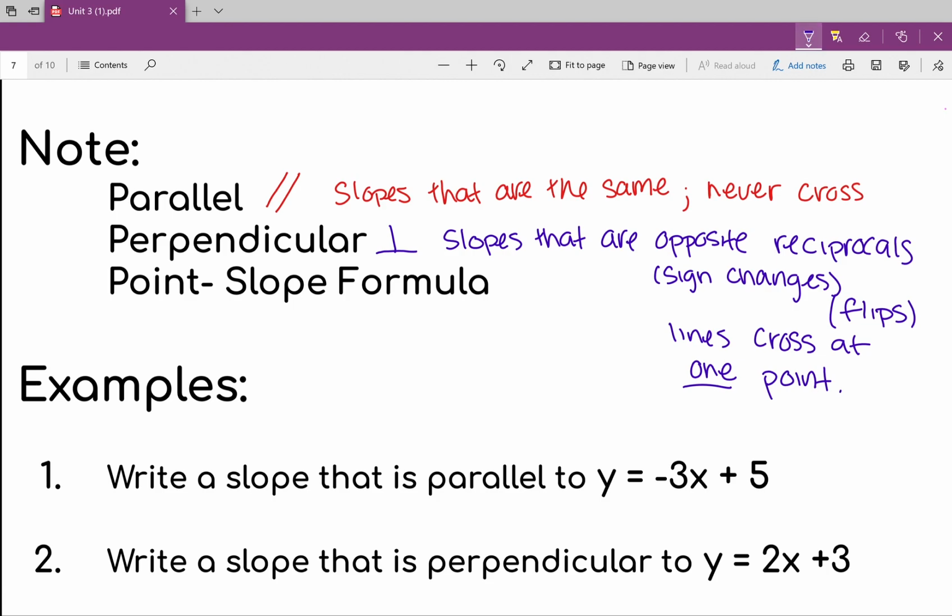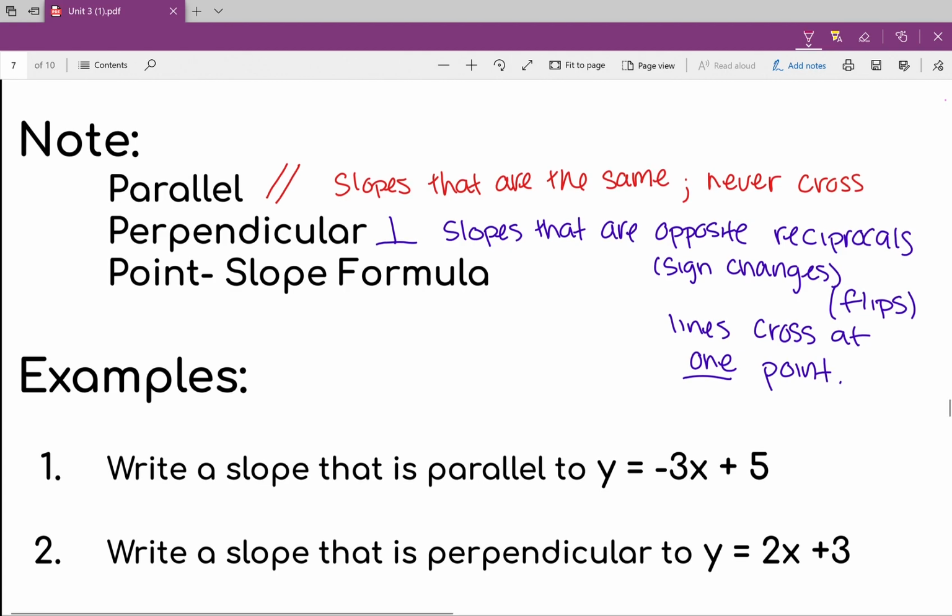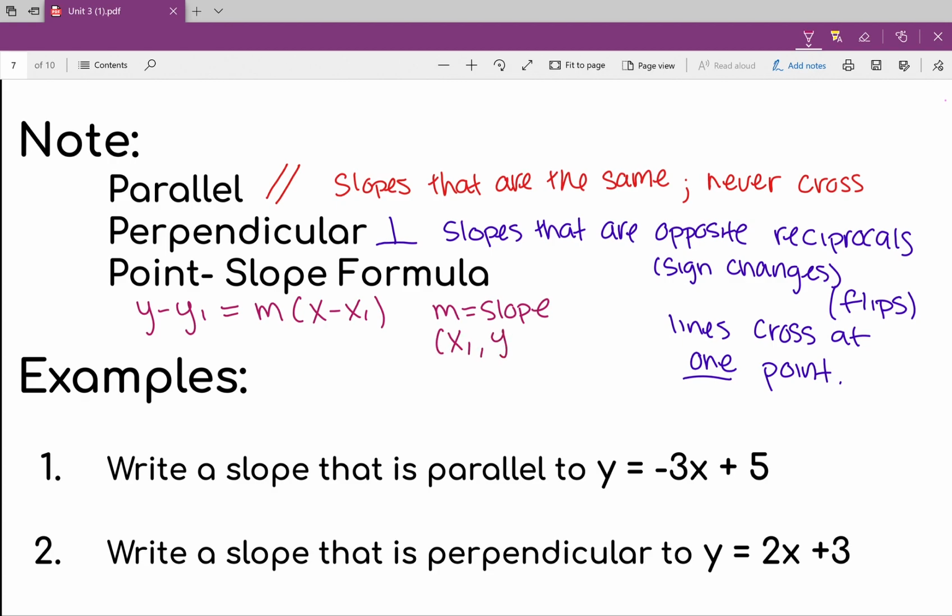This is a formula that we already learned, but I'm going to go ahead and rewrite it here. Remember, point slope formula is y minus y1 equals m(x minus x1), where m is our slope and (x1, y1) is our point.